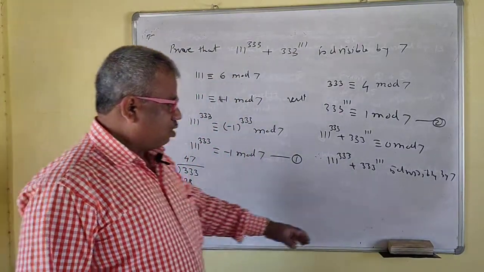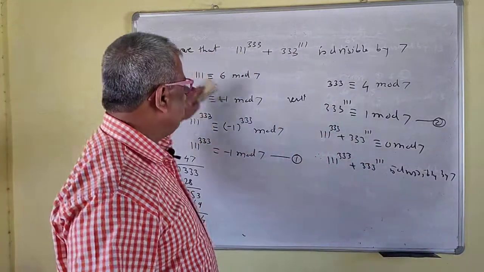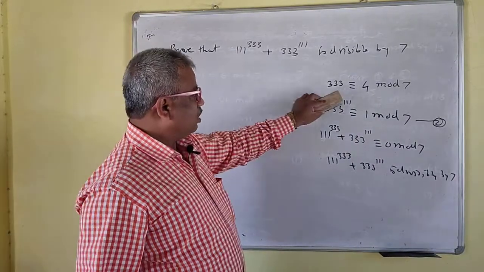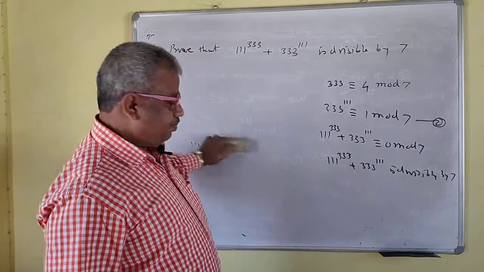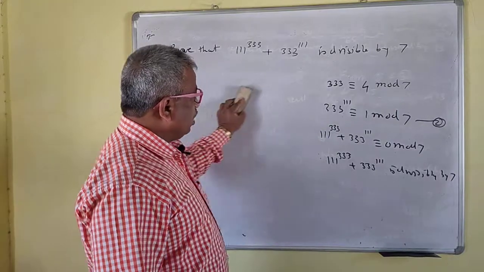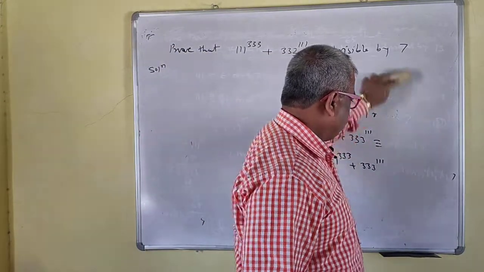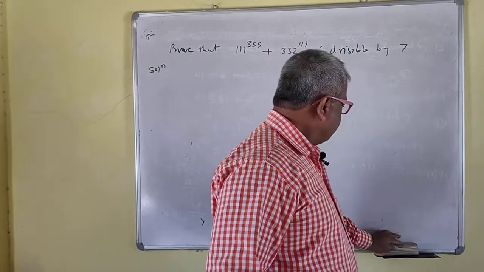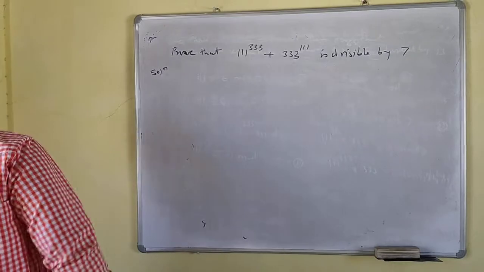Okay, so you can do this very easily, no problem for this one. So by doing this calculation like this, 111, so 3 to the power that you can take.